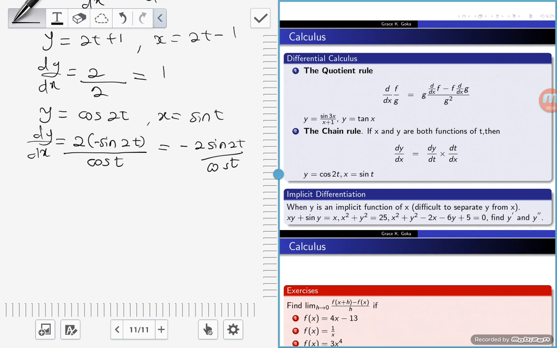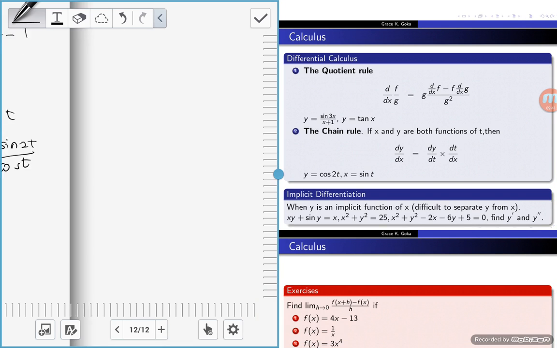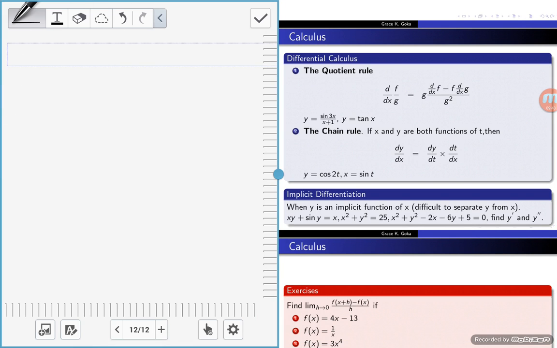All right. So we've looked at the quotient rule, the chain rule, and they are all of the form y is equal to f of x, where we want to use either the first principle or the sum and the difference rule, that is if I have plus or minus g of x. You notice that it's always of the form y is equal to something in terms of x.